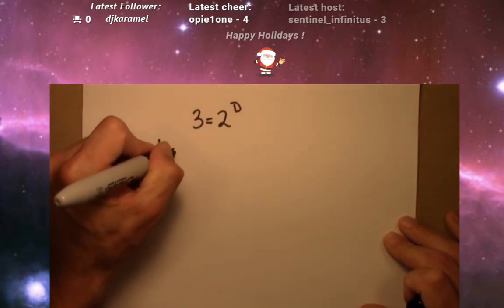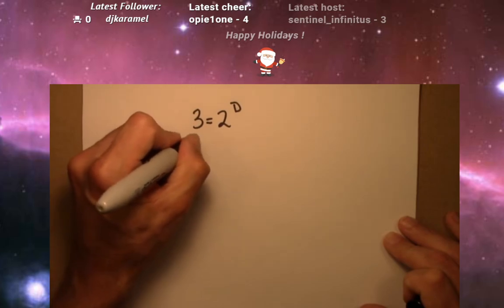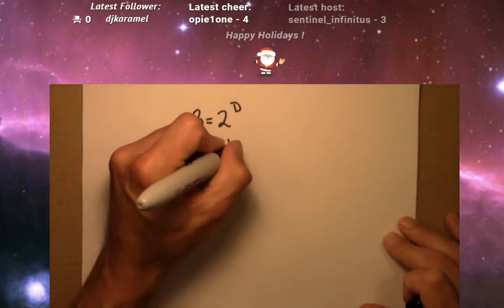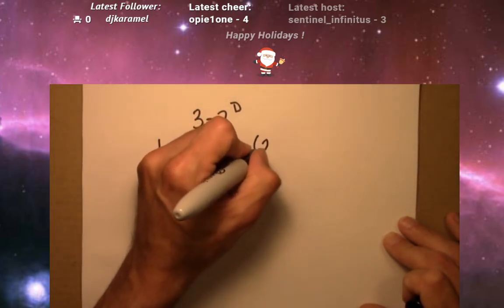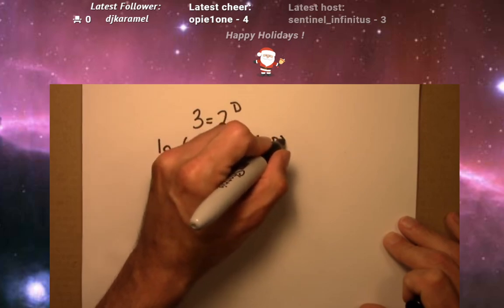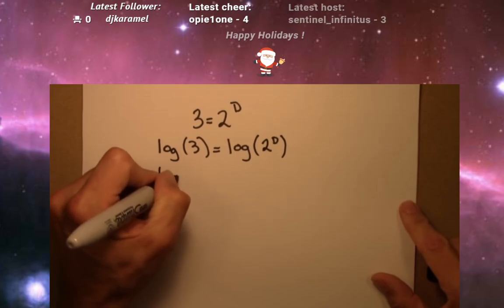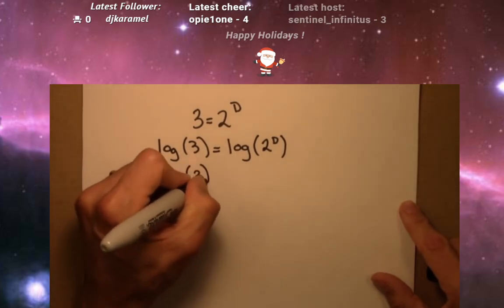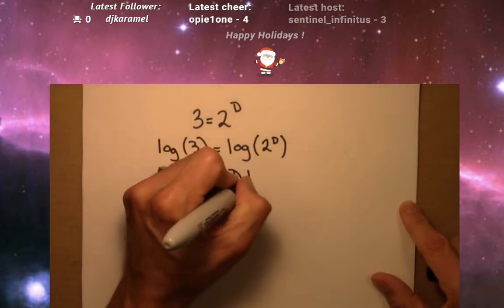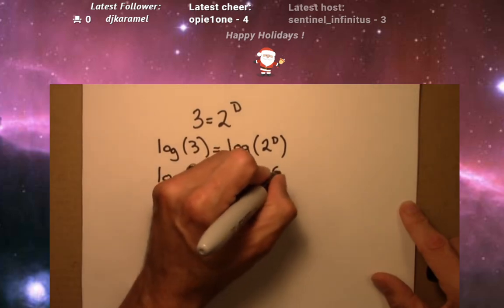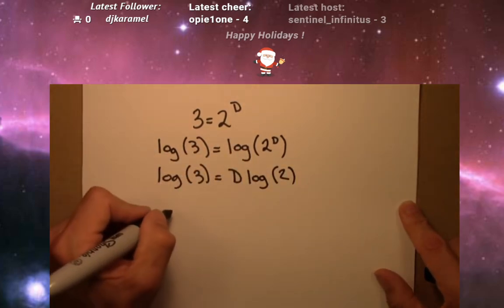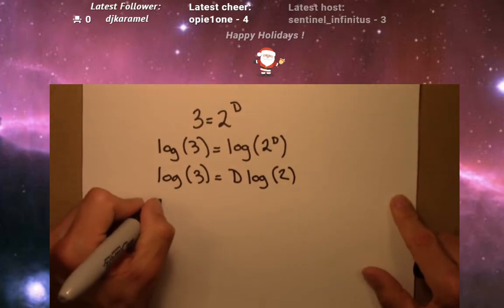We'll take the log of both sides. Use the exponent property of logs. And then solve for d by dividing both sides by log 2.